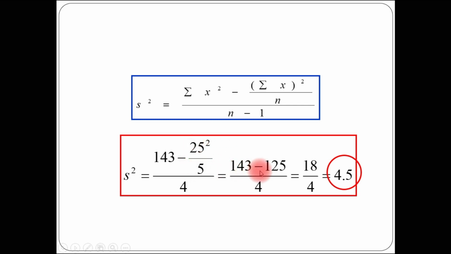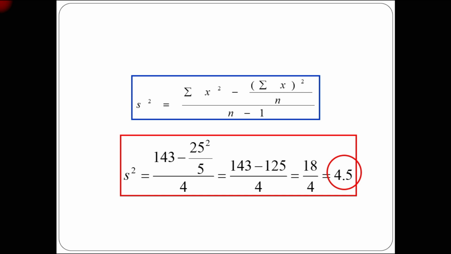So, 143 minus 125 divided by 4. Bakit naging 4 ito? Kasi we have n minus 1 or 5 minus 1. Okay? So, 143 minus 125 divided by 4 is equal to 18 over 4. And the answer is equal to 4.5. So, yun na mismo yung lalabas sa calculator.